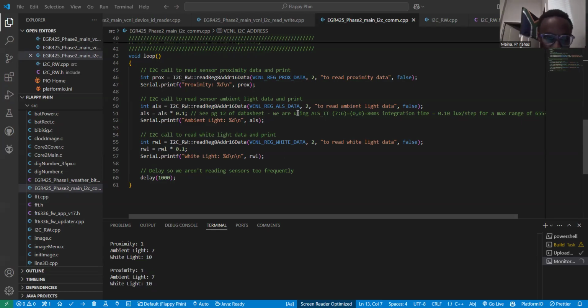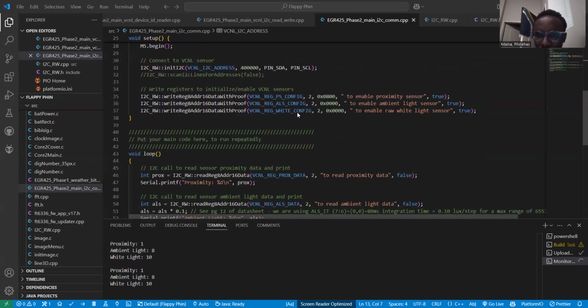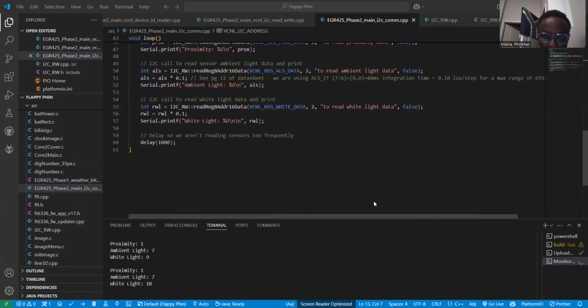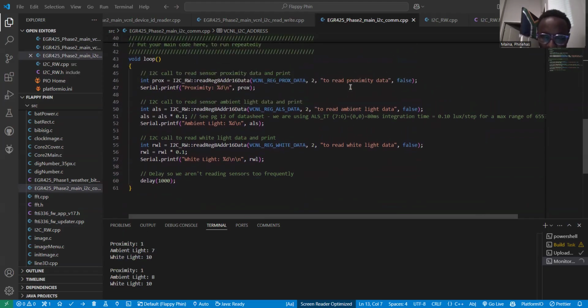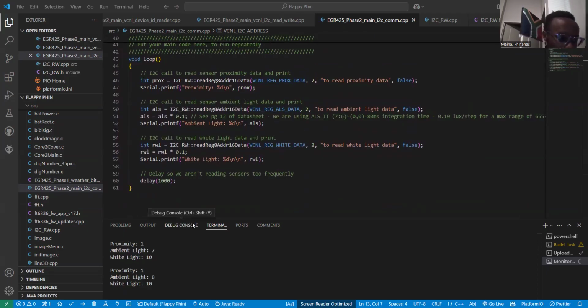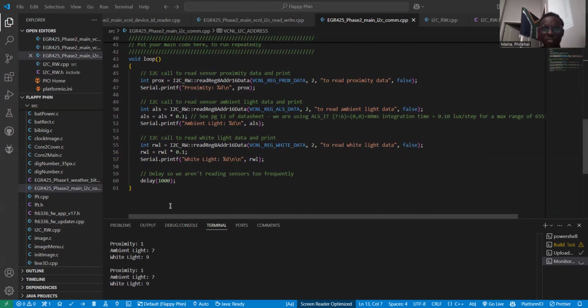This is the third video I coded along, and we were able to write into the registers here and read the light data from whatever registers the data was written into, and it's being output here, as you can see in the serial monitor.